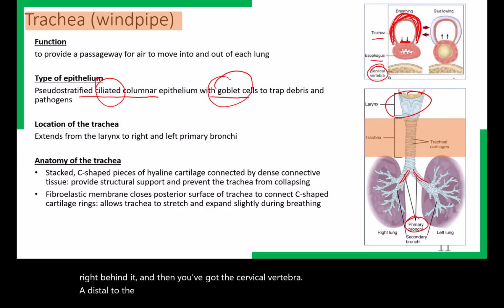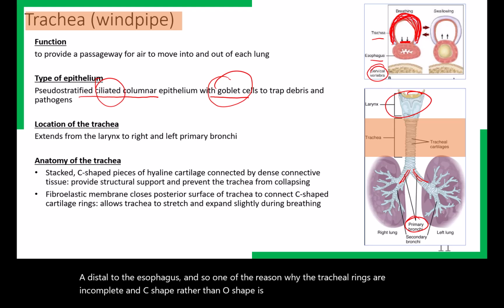And so one of the reasons why the tracheal rings are incomplete and C-shaped rather than O-shaped is because it's right next to the esophagus.